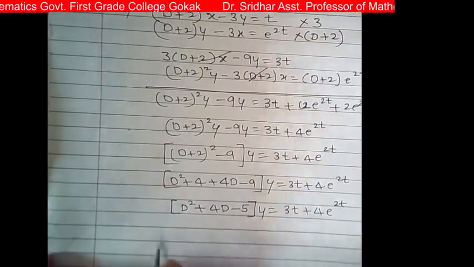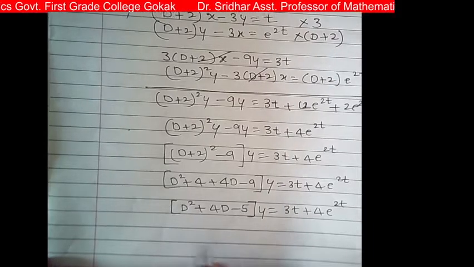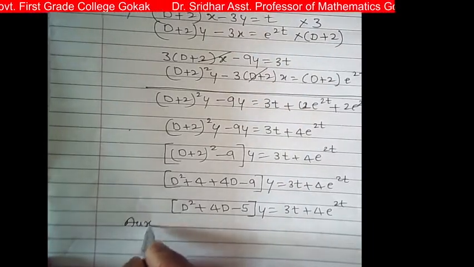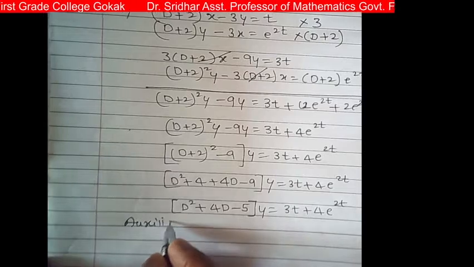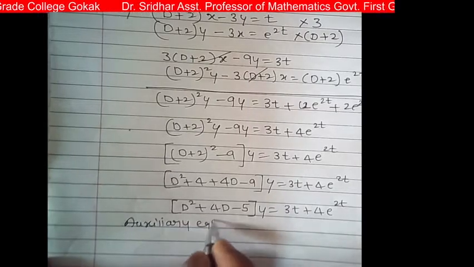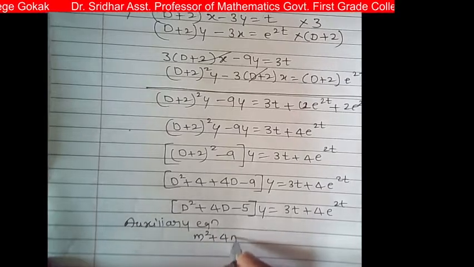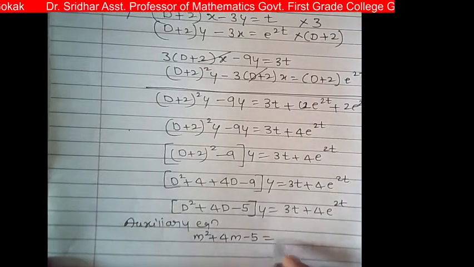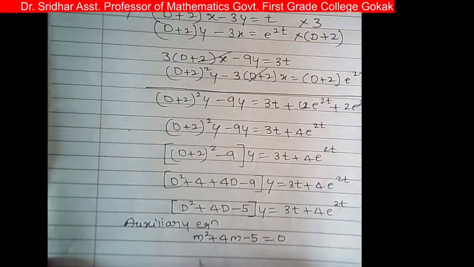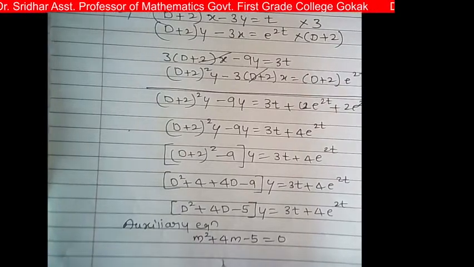So now the auxiliary equation is m square plus 4m minus 5 equal to 0. Now solve this equation.